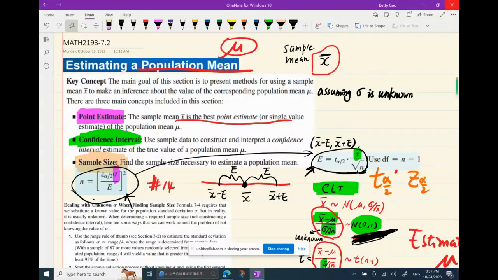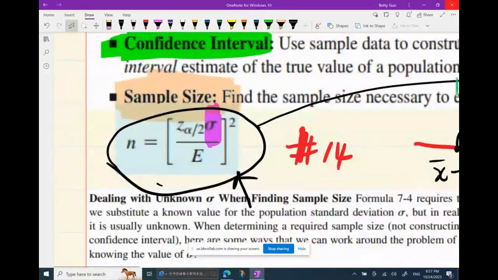We introduced why we need to use the t distribution instead of the z distribution. And we covered how and why we use this formula to determine the sample size that is just enough to construct the confidence interval with the predetermined confidence level and the margin of error.